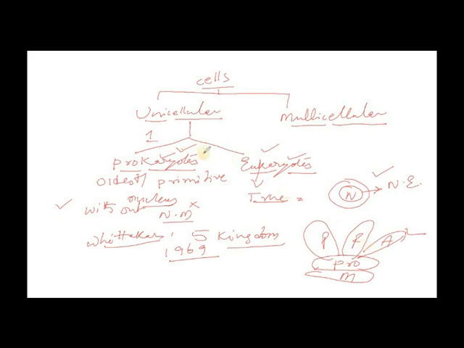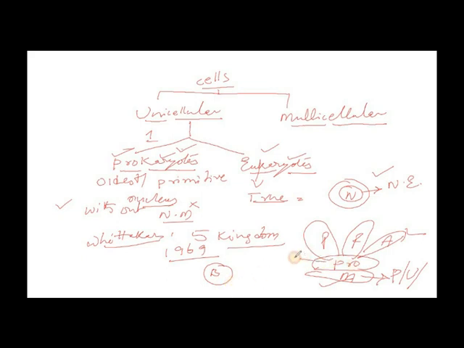In these 5 kingdoms, prokaryotes belong to the Monera. All the Monera are prokaryotic unicellular organisms, and different types of bacteria are present in the Monera. So bacteria is an example for Monera.